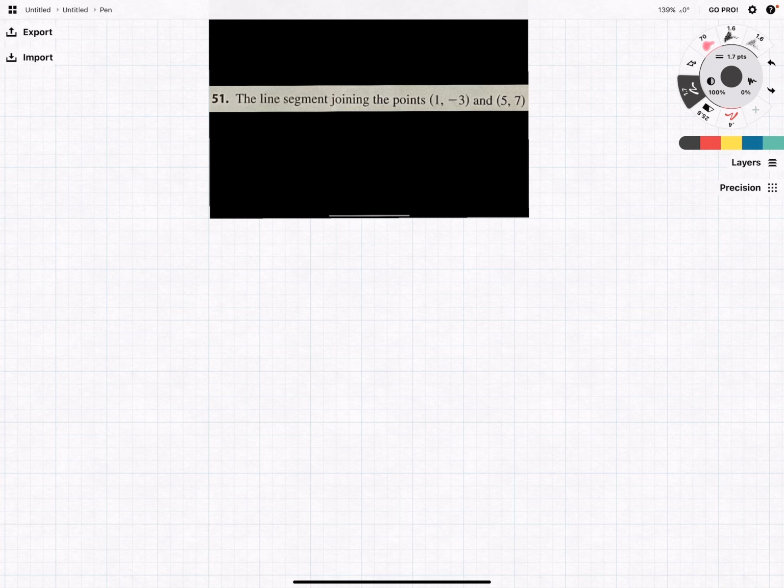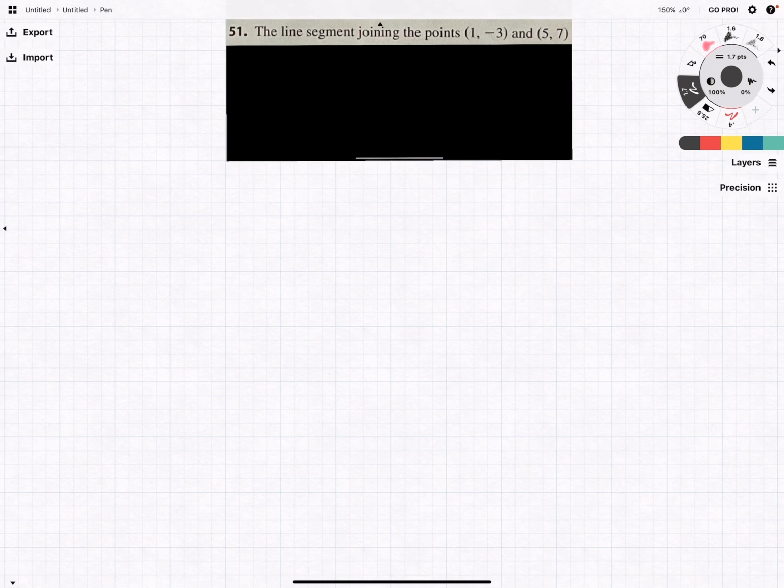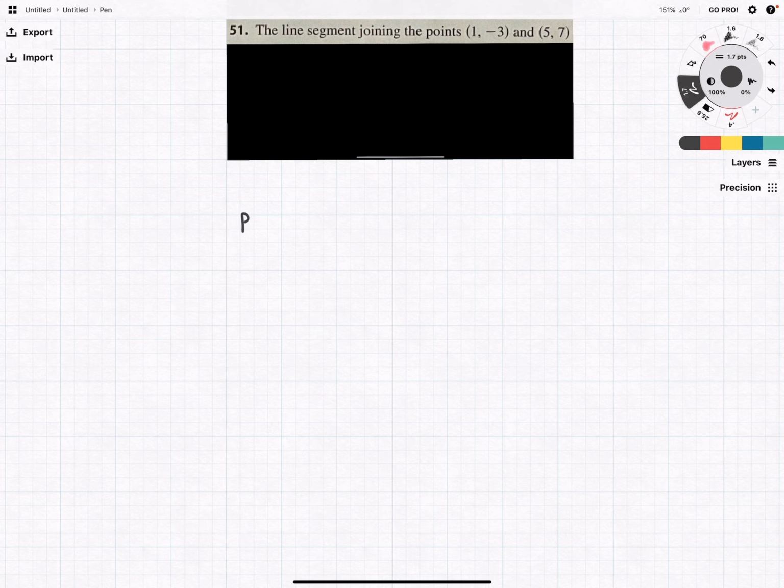So point-slope form takes the form of, here, I'll write this out. All right, point-slope form. The reason it's called point-slope form is because it has 2 points and 1 slope. That's part of the formula.